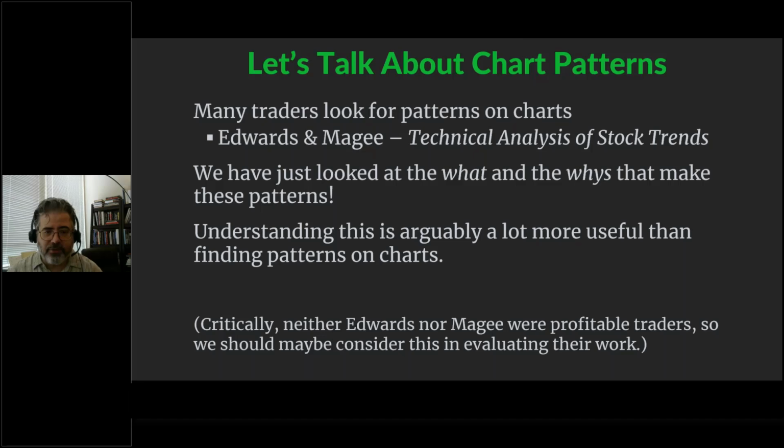I never look at a head and shoulders pattern. I haven't looked at one since 1998. I've never concerned myself with whether something's a pennant or a triangle or a diamond or whatever. Those details of the patterns don't matter if you understand the bigger picture dynamics.